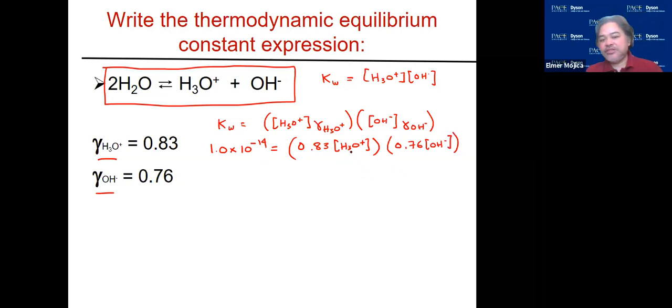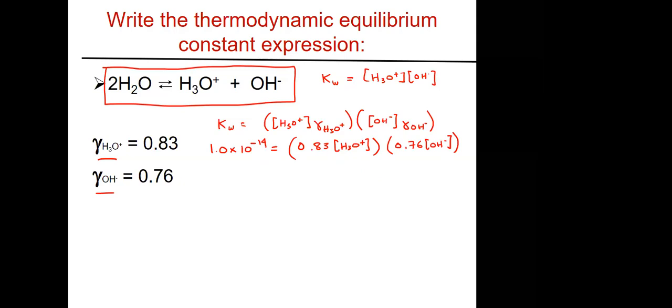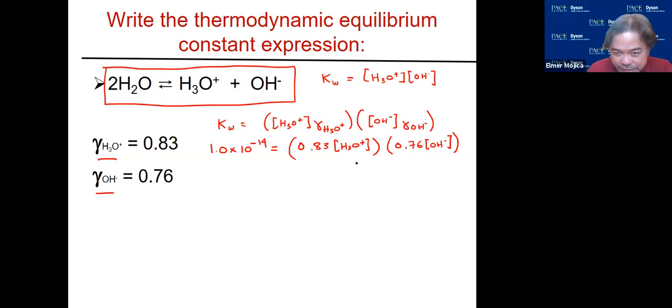So how do we determine the new KW now that we have the activity? What do we do? Anyone? This is just a math thing. If I want to leave this in this form to give me the new K, I just need to divide both sides by 0.83 and 0.76, right?